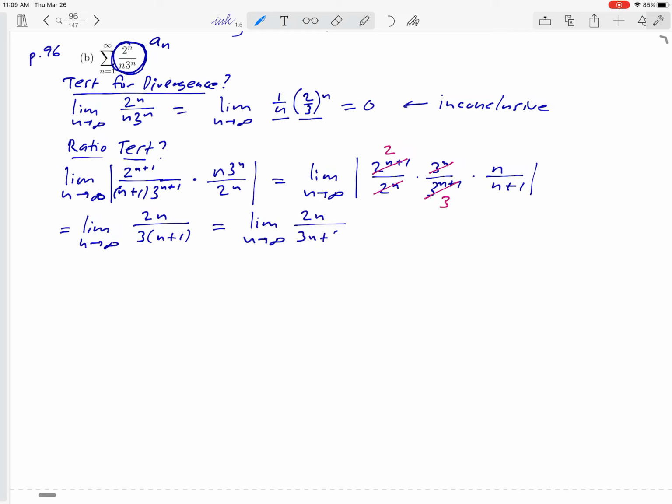Maybe rewrite that one more time by taking that 3 and multiplying it through. There's a limit that has the form infinity over infinity, so we can use L'Hopital's rule on it. The derivative of the top is 2, the derivative of the bottom is 3, and that gives us a final answer for the limit of 2/3.